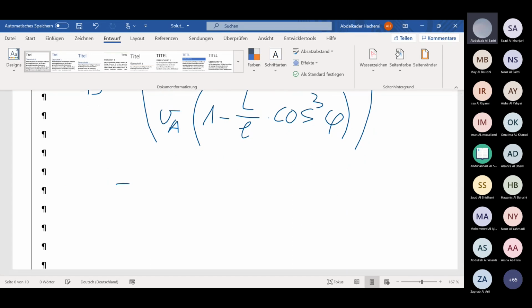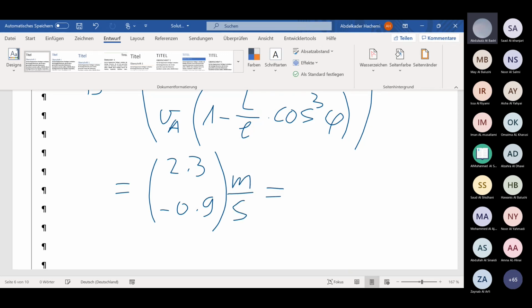Then if we replace the value of each term, capital L, small l, VE, and so on, we get 2.3 minus 0.9 meter per second.